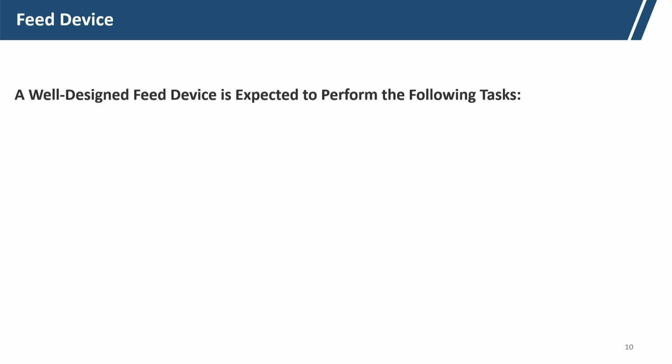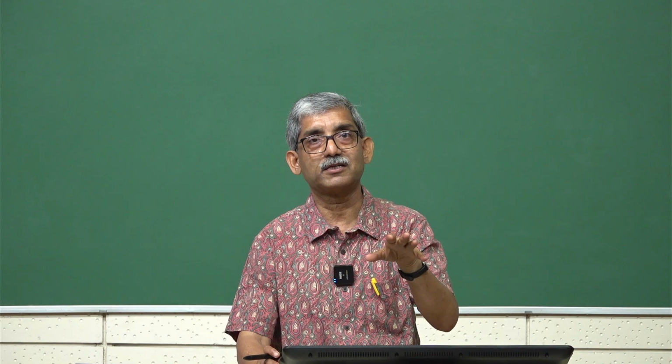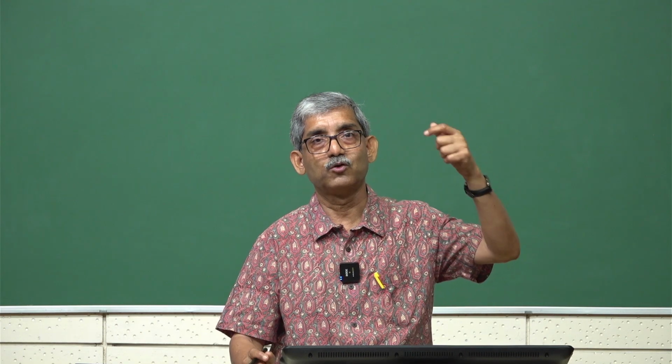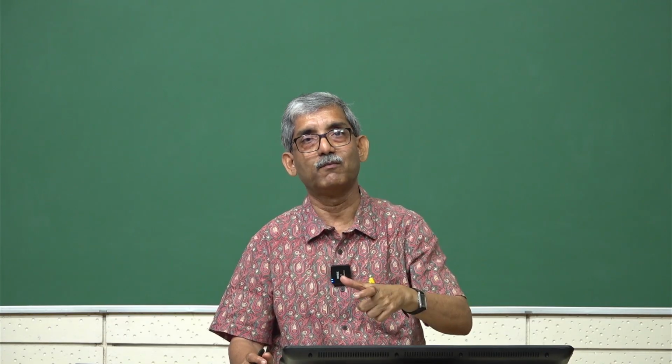A well-designed feed device is expected to perform the following tasks. We have to design the feed plate in such a fashion that it clamps the fiber bed over the full width. Suppose the width is 1 meter, it should clamp the fiber uniformly.